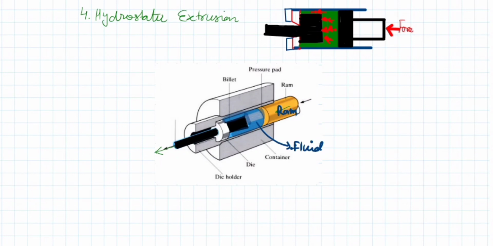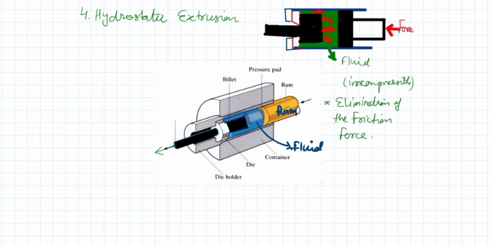Due to the presence of this fluid, which is considered to be incompressible in nature, this helps in elimination of the friction forces which were in between the billet and the cylinder wall.